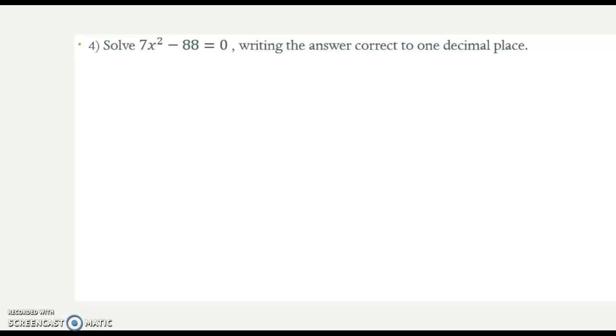This time it says we're going to solve that writing the answer correct to one decimal place. So same steps are involved in that. First of all, I want to copy the equation. Second of all, I want to put the 88 on the other side by adding 88.